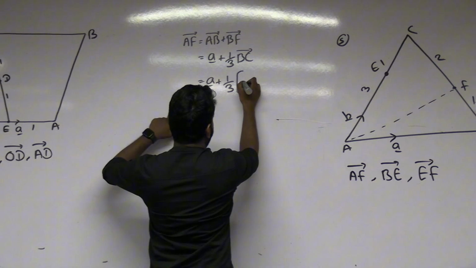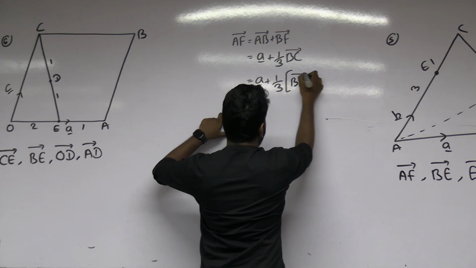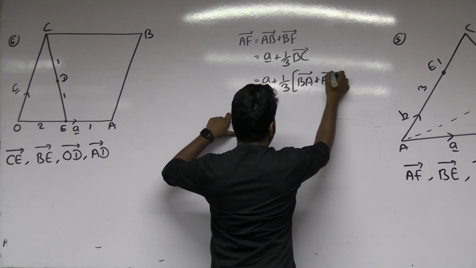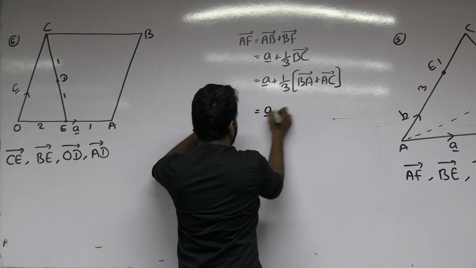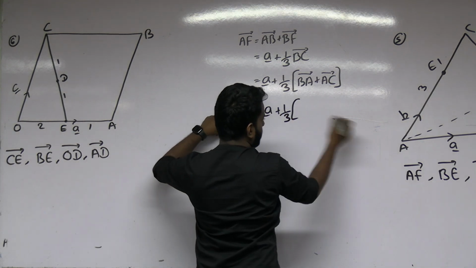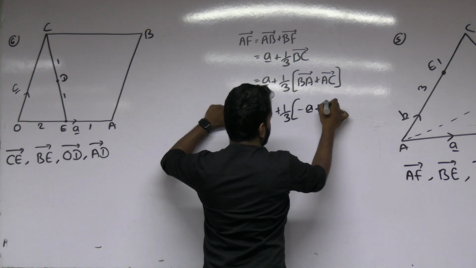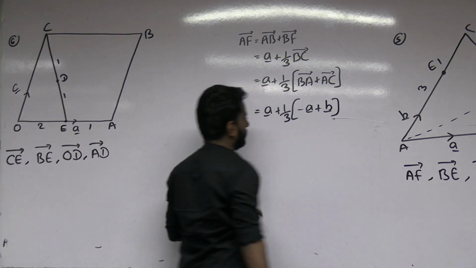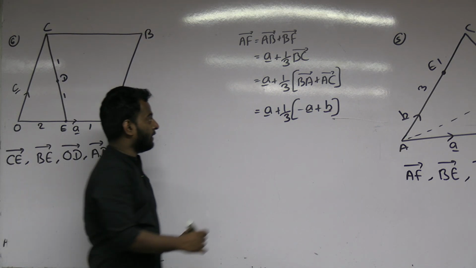So this equals A plus 1/3 of BA plus AC, where BA means minus A and AC is B. Thereafter you have to find the common denominator.